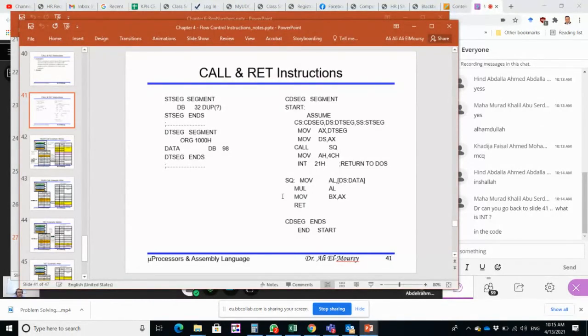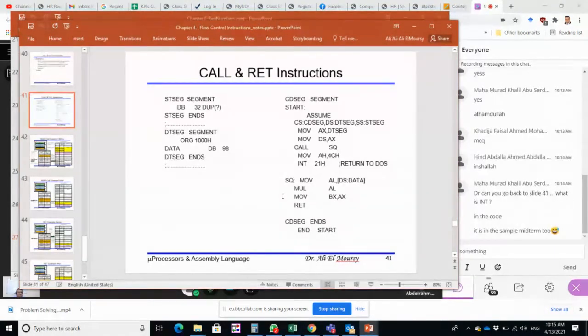The style of coding here in the assembly is an old style of writing the assembly, and we are not using it even in the lab anymore. We are using a more advanced style. In the lab we never use the int, but we have what's called the exit proc to exit from the code. It is something similar to this. Exit proc is similar to the int.